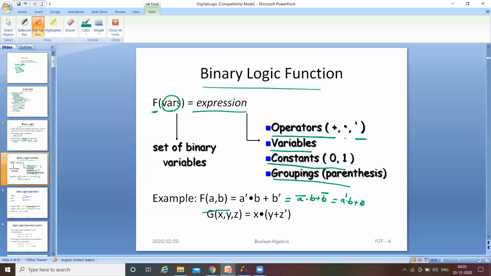Next, this is b bar, b prime. This can also be written like this. See another example: g of x comma y comma z equals x dot, x plus z prime. But this can also be written like this: x dot parenthesis y plus z bar. This can also be written like this.